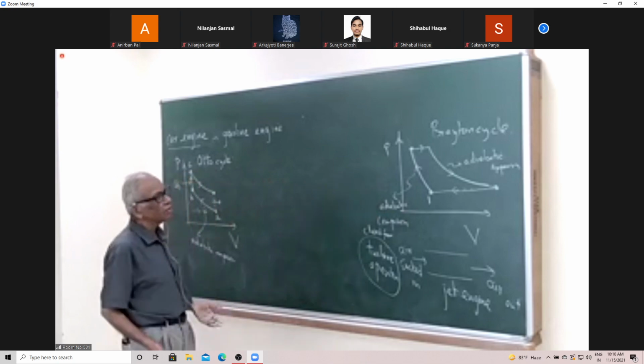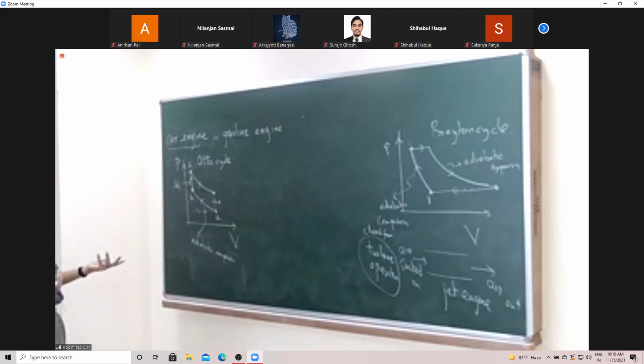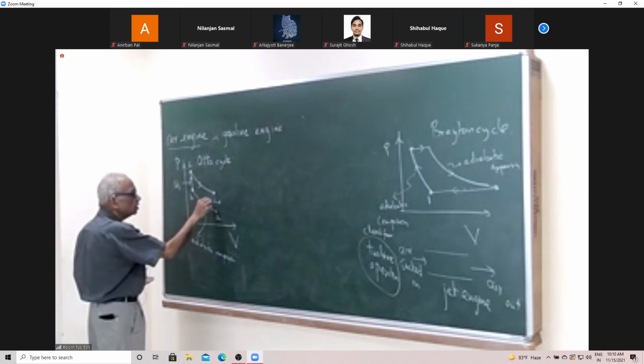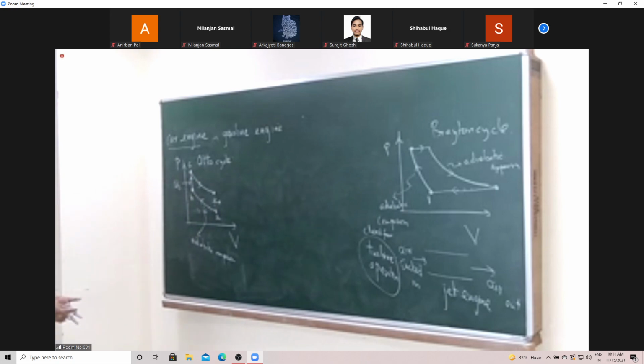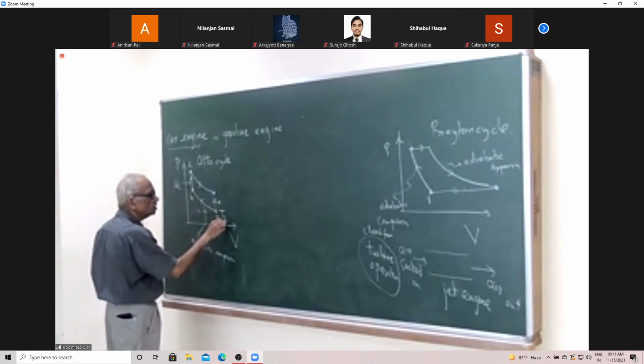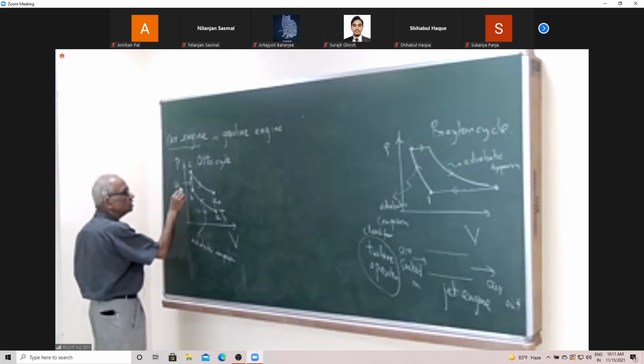In my way of looking at things, these are all personal. One is supposed to look at efficiency. So the temperature is T1 over here, and then you compress it, and it becomes T2 over here.